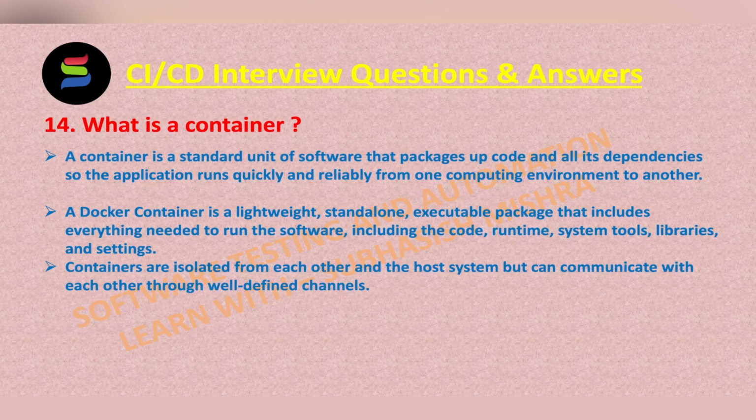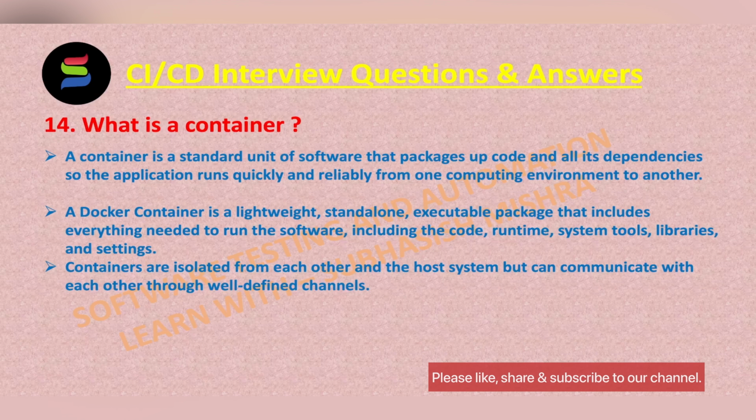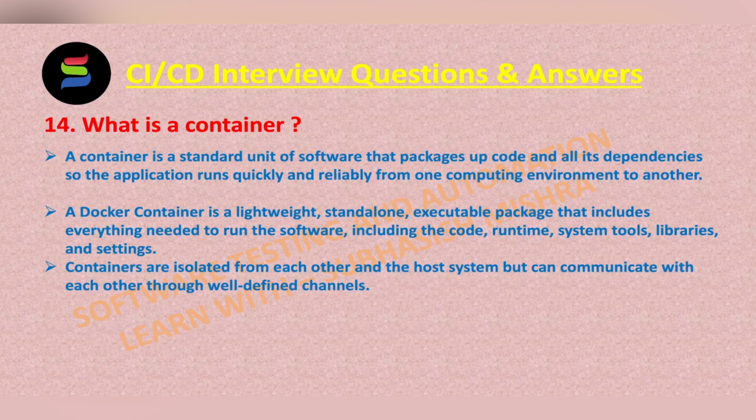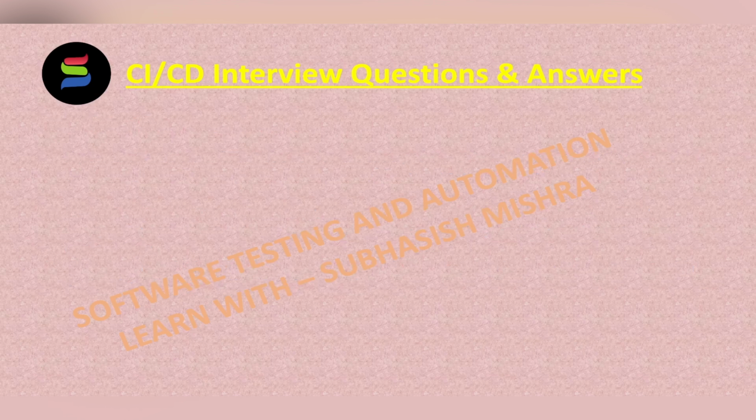A Docker container is a lightweight, standalone executable package that includes everything needed to run the software, including the code, runtime, system tools, libraries, and settings. Containers are isolated from each other and the host system, but can communicate with each other through well-defined channels. We'll move to the next question.